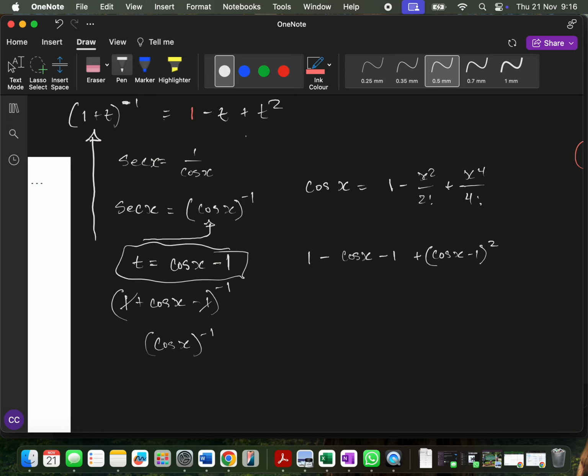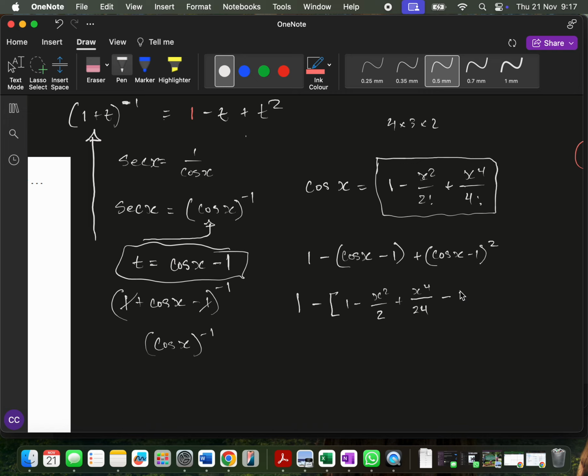Okay, so subbing in my Maclaurin series for those, I would have 1 minus, by the way, it's cosine x minus 1, right, we got that. So we do 1 minus x squared over 2 factorial, which is just 2, plus x to the 4th over 4 times 3 is 12 times 2, 24.